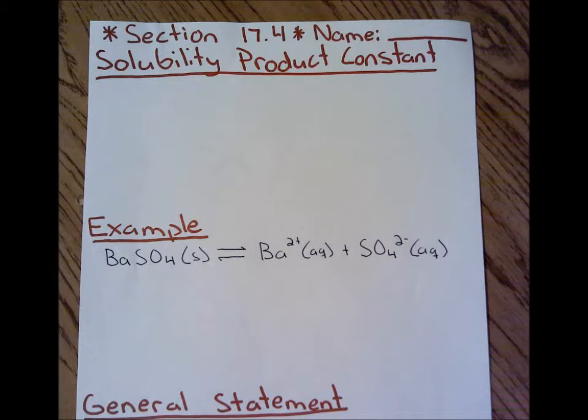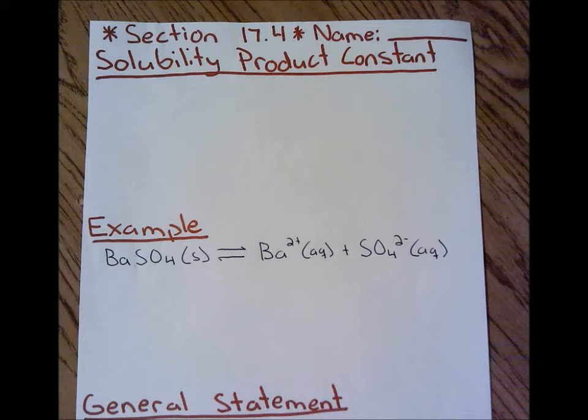Today what we're going to be talking about is AP Chemistry section 17.4, which deals with the solubility product constant. Now, there are three objectives I'd like you to be able to achieve by the end of this video. Objective number 1: write the solubility product constant for a salt.